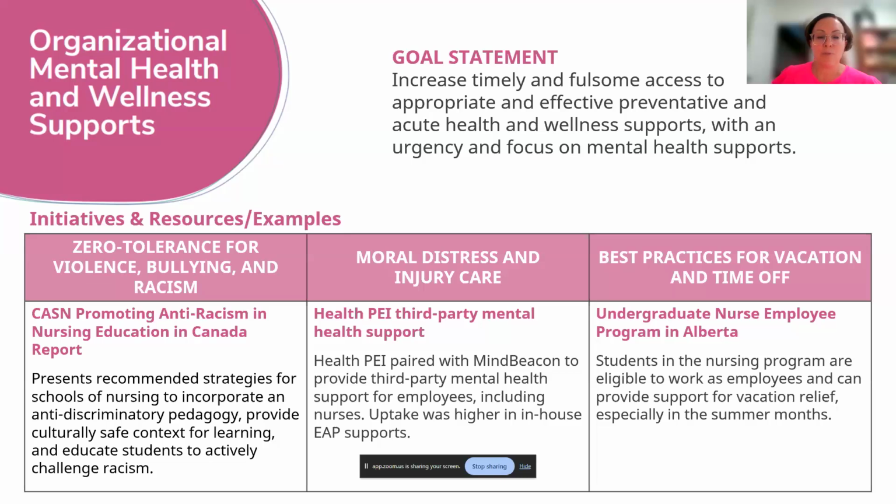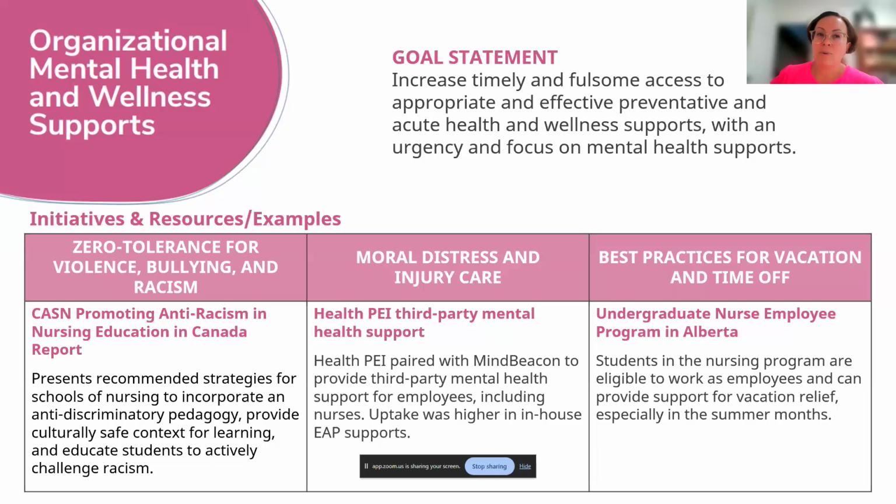So maybe before deferring to my colleagues from CASN and CNSA, I will just mention the example provided here under moral distress and injury care. I think it's a unique example because many organizations have EAP programs and EAP supports. What was unique about Health PEI as a provincial health authority is they enlisted the support of a third party.